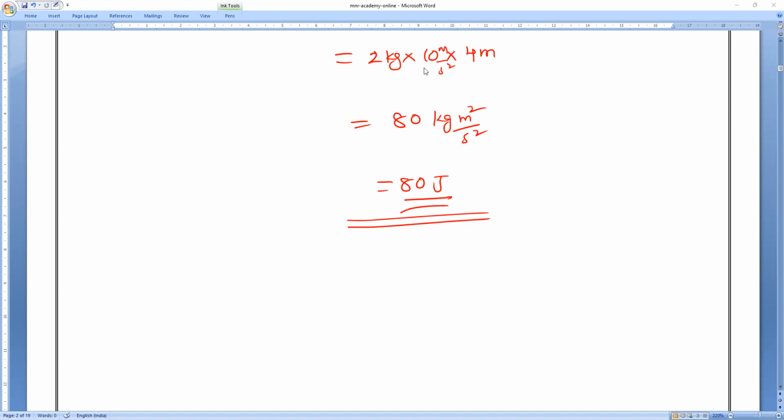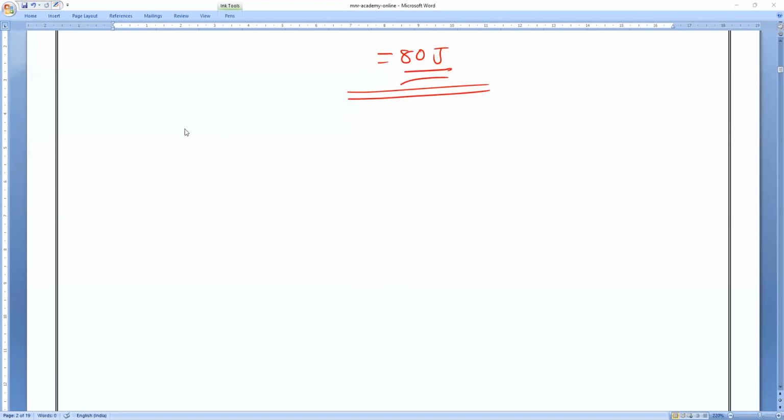So first find the initial height, everyone. What is the initial height, guys? 7.5. Okay. So first, what is the initial potential energy?